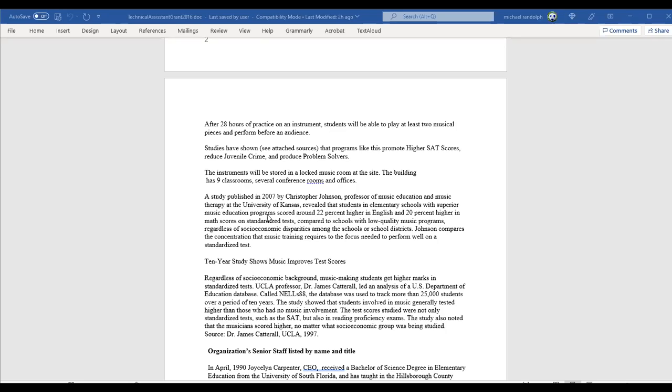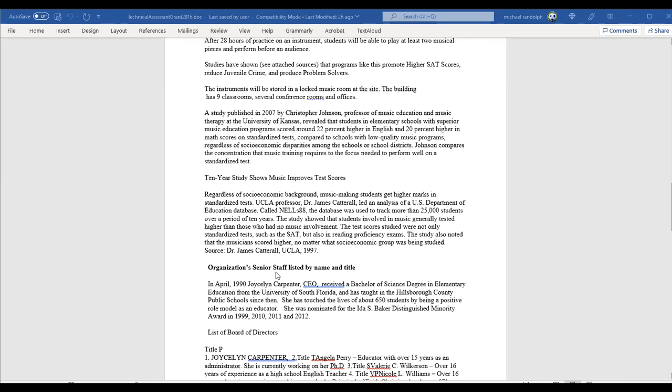Hold on, not only am I saying it works, but there was a 10-year study done. And who was the study done by? UCLA. You see how important it is that you use those sources to show the why. It's not me saying it. It's them saying it.